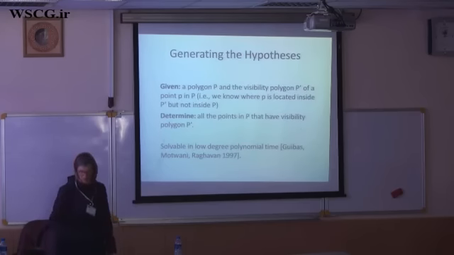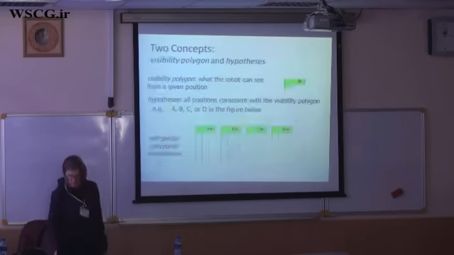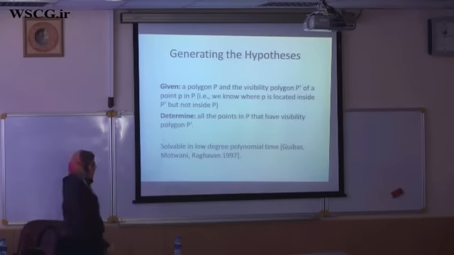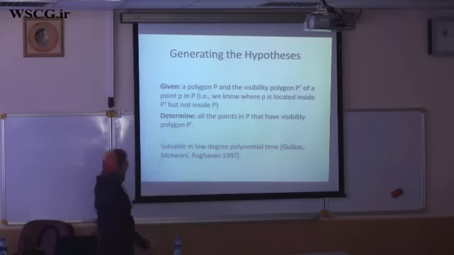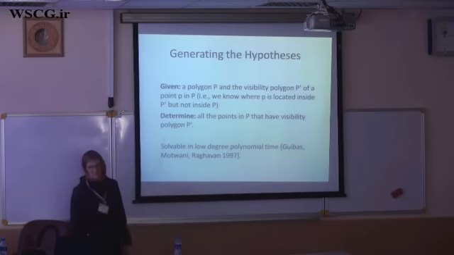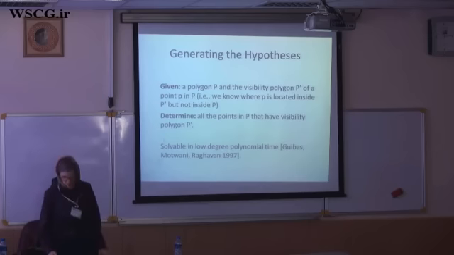And the problem is to determine all the points in the polygon that have that same visibility polygon. So in other words, we want to figure out those points A, B, C, D. And fortunately, this problem is solvable in low-degree polynomial time, and that's work of Guibas, Motwani, and Raghavan in 1997. So that part is done. We can build on that.